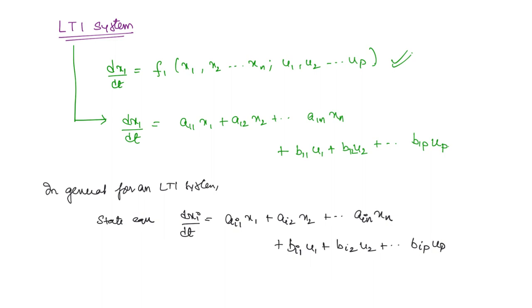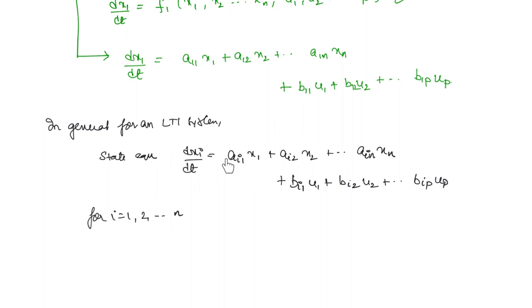So now for all of these equations, for i equal to 1 till n, one other thing is these are all constants, right? ai1, ai2 and so on till ain. So in general we can write aij and similarly bij. These are constants.